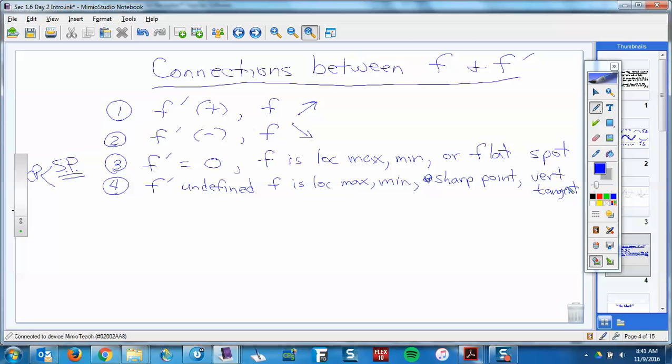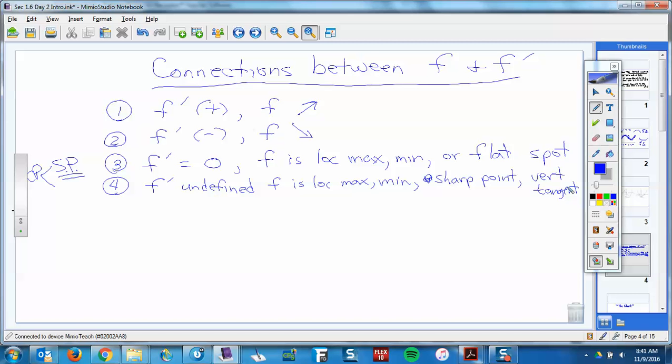Right? Could be a sharp point, could be a vertical tangent. Because a sharp point might not be a local max or min. I mean, you could have a graph come in here at a sharp point, like so, and then come in straight, like this, and then kind of curve out of there.